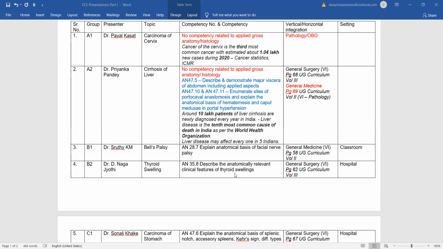So I guess we need not focus on cirrhosis of liver. I admit it was my fault that I gave cirrhosis of liver as an early clinical exposure topic. So again, I would want discussions from all of you regarding these two aspects. I'm done with sharing my views.